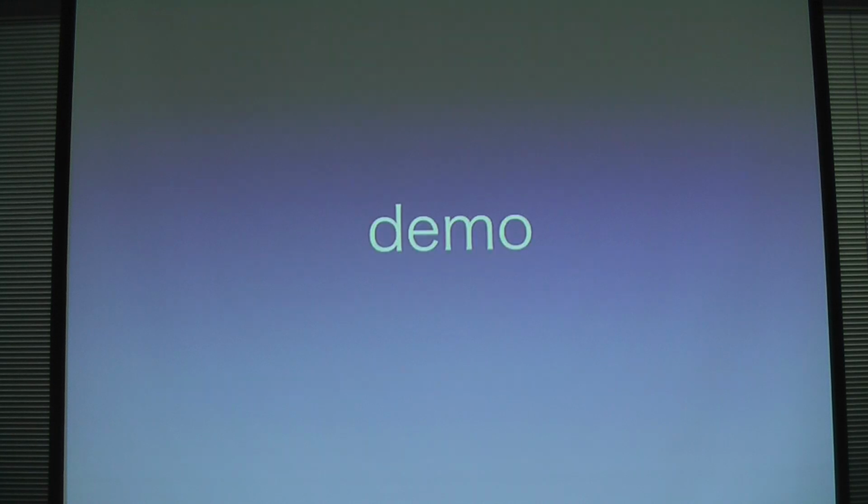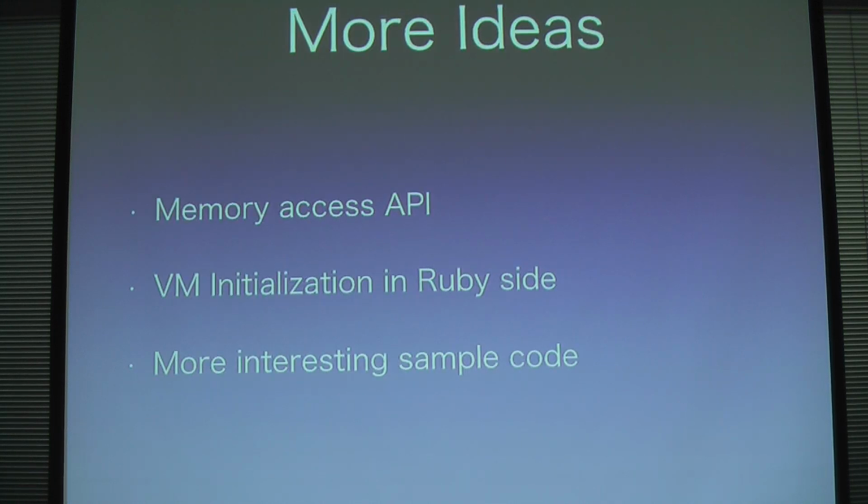So this is ruby-virtualmachine, and there is no memory access API at this time, so maybe I will add an API, and I'm initializing most of the registers and page tables and such things in the C extension of the library.